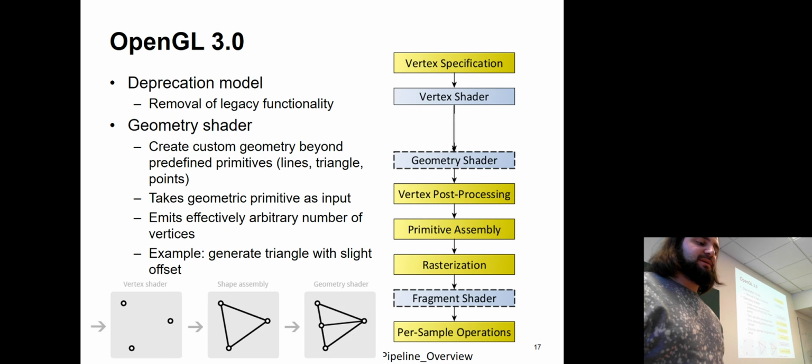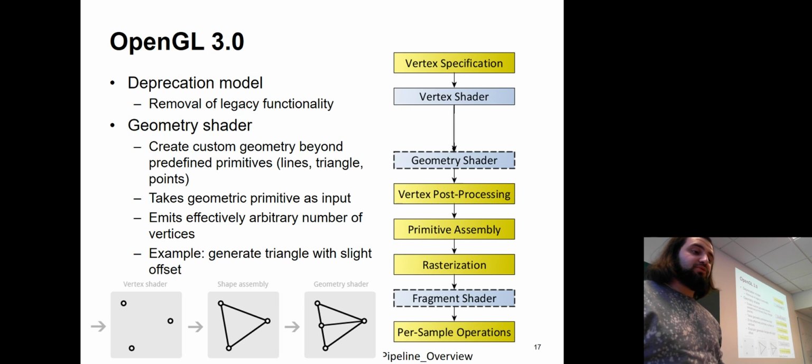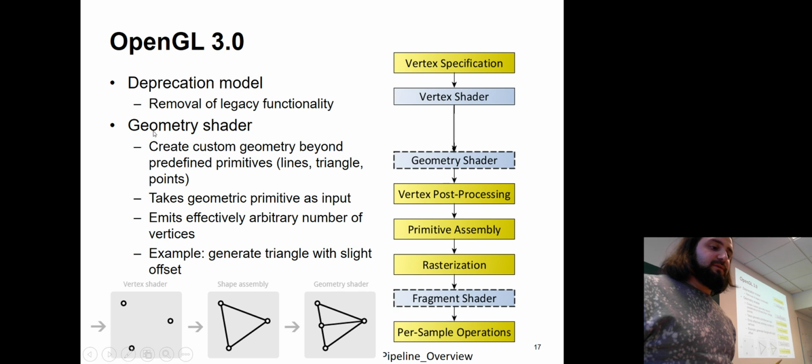For example, in this case we have 3 vertices, and a very simple intuitive primitive is a triangle. However, using geometry shader, if we program it accordingly, we can have a primitive different from that, like this kind of offset triangle. So it's just manipulating primitives according to our taste and needs.